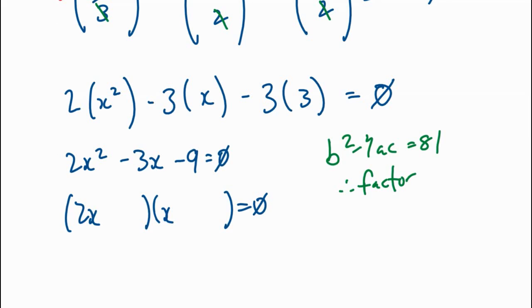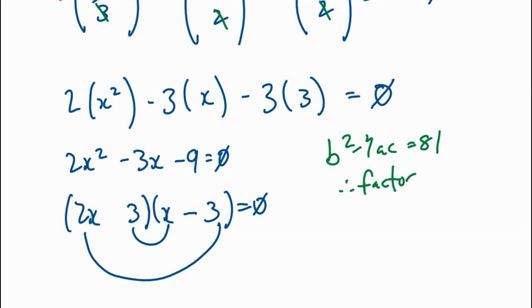Again, I've got a prime. 2 is a prime, so I know it's going to be 2x and 1x. And I'm going to guess that it's 3 and 3. For 9, it's either 1 and 9 or 3 and 3. I'm going to guess it's 3 and 3. And sure enough, I've got 6x and 3x, which gives me 3x.